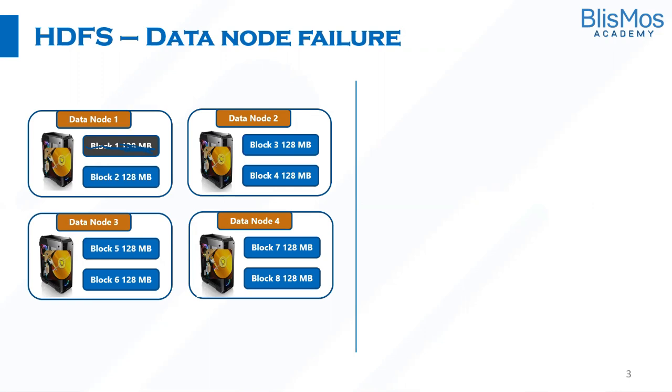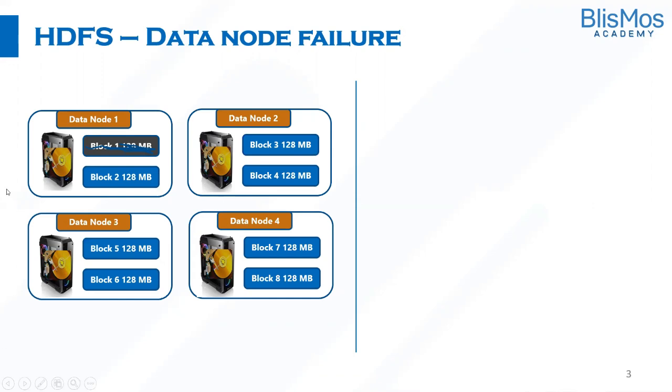When we look at the data nodes, in this case we have 4 data nodes storing a big file of 1 GB, as per the previous example we dealt with in the earlier lecture. The 1 GB file is distributed across these 4 data nodes.